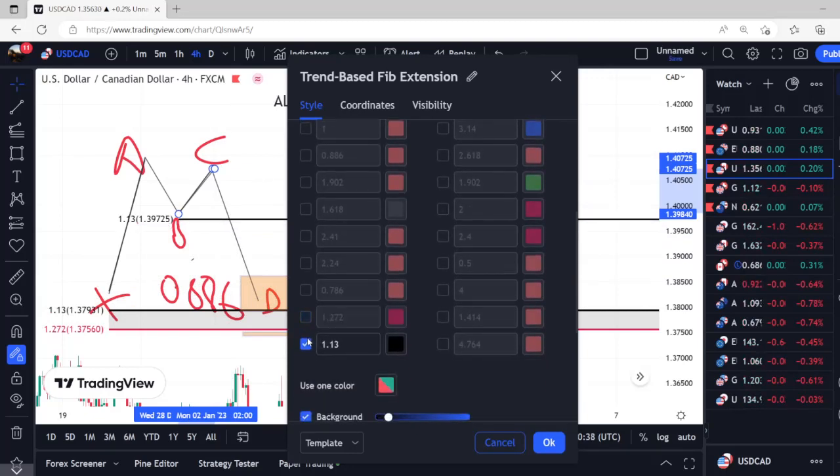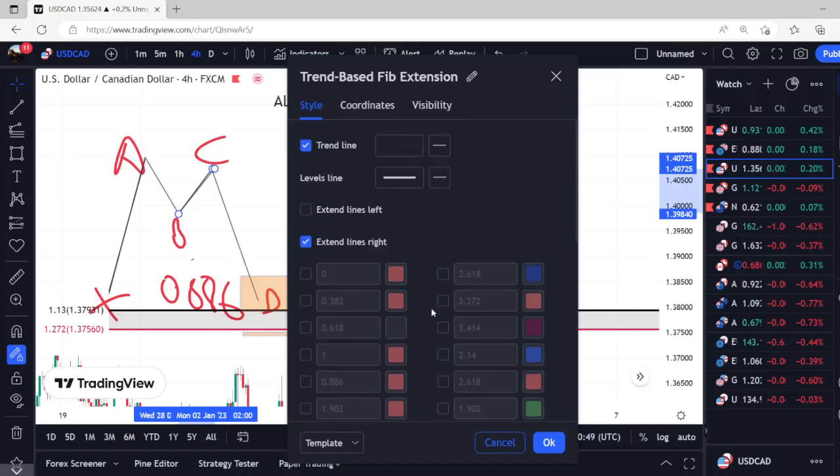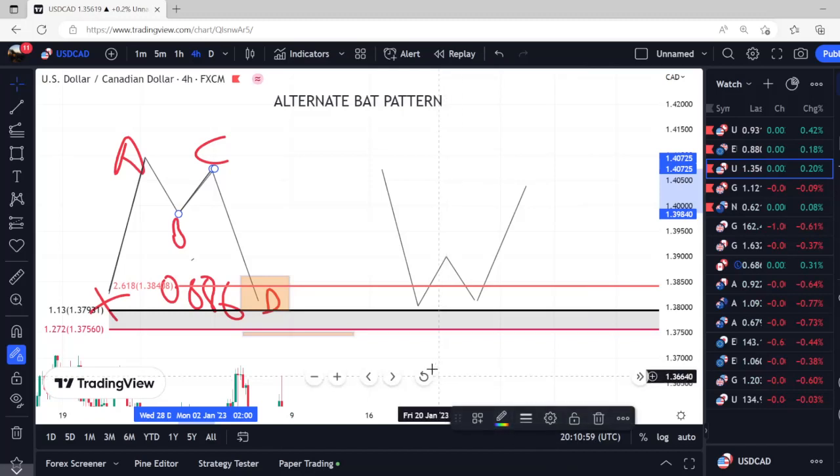So from 2.618, that's not 2.618, sorry. Here we go. From 2.618, we need to choose a number that is closest to our D leg. So those are the numbers that you need.